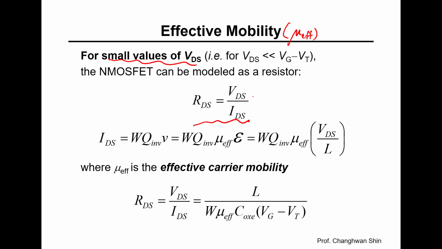RDS is equal to VDS over IDS. And that can be rewritten with some parameters of channel length, channel width, effective mobility herein, and effective oxide capacitance, and overdrive voltage VG minus VT. So this resistance RDS depends inversely on the effective mobility, mu sub EFF.